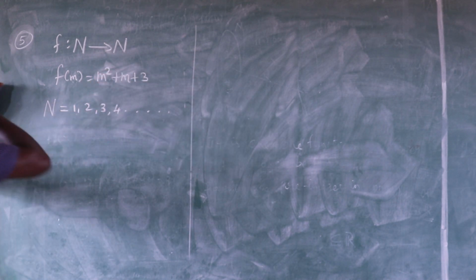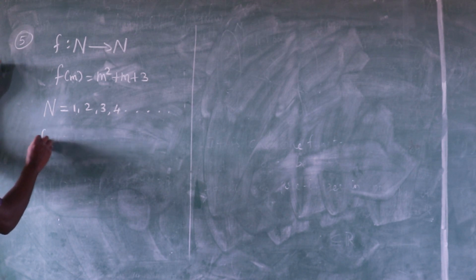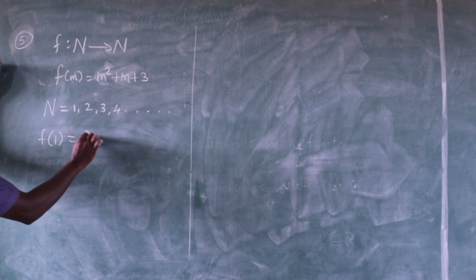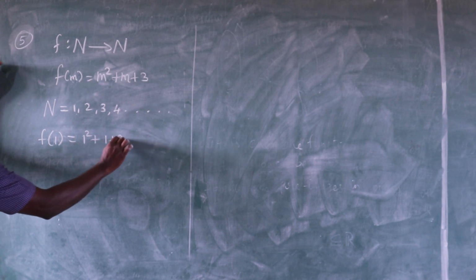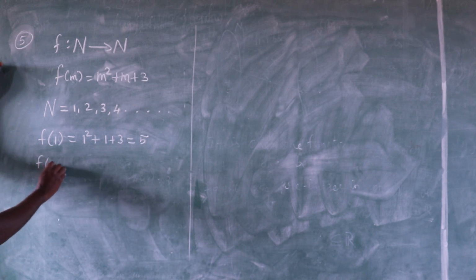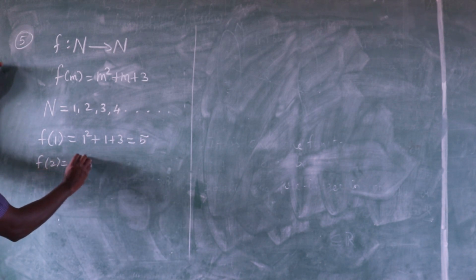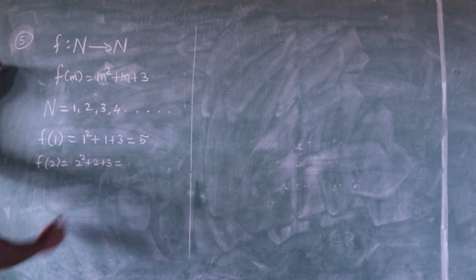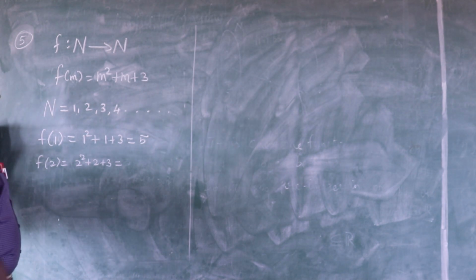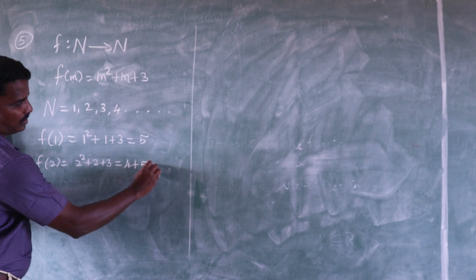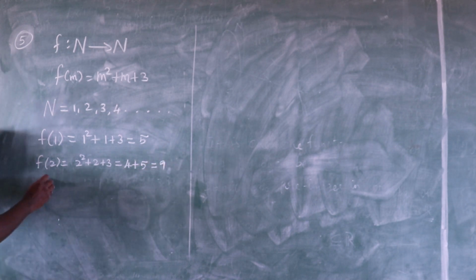So we can replace here f of 1 equal to 1 square plus 1 plus 3, that is equal to 5, and then f of 2 square plus 2 plus 3, that is equal to 2 square value 4 plus 2 plus 3, that is equal to 9. Like that it's also, and so on.